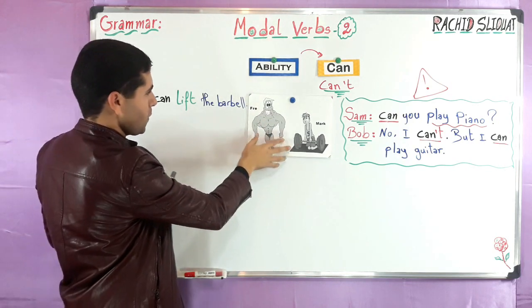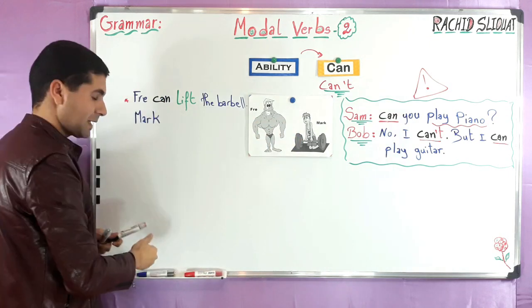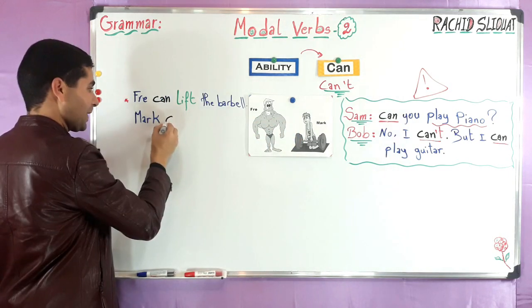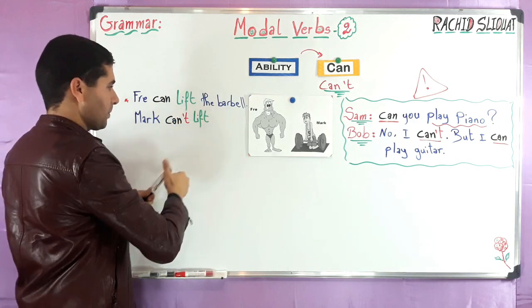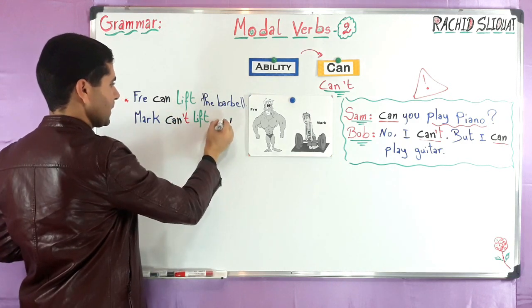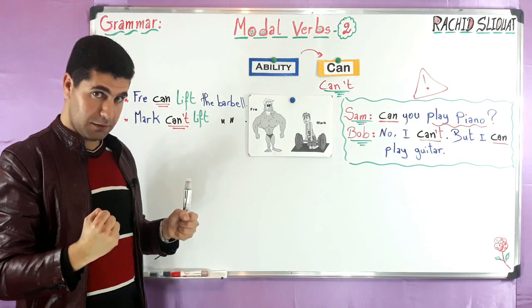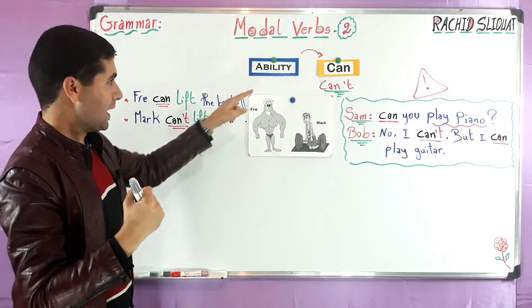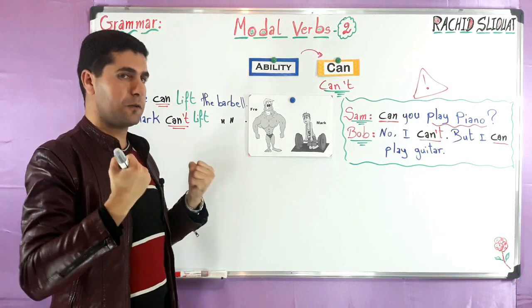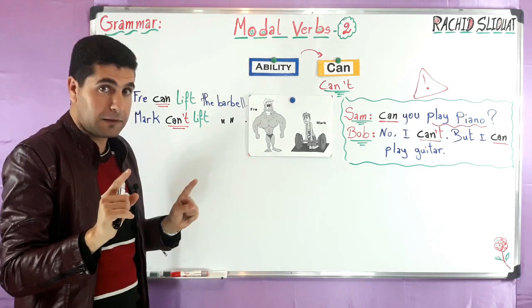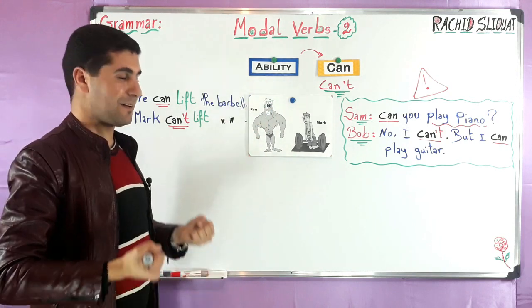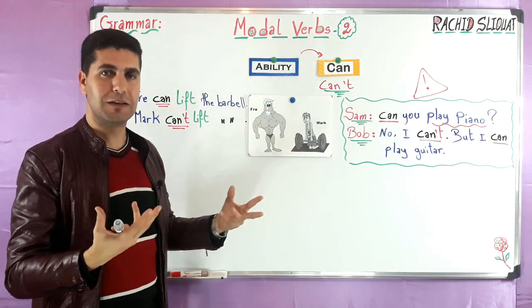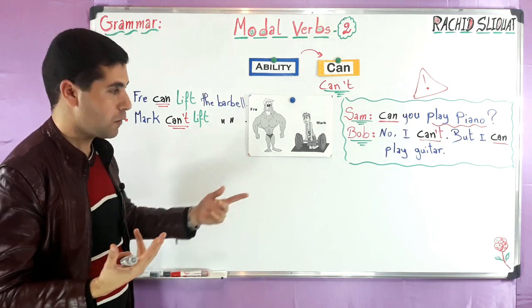So Mark, very simply, can't lift the barbell. Free can, because he is strong. He has the ability. But Mark can't because he is weak, so he doesn't have the ability to lift this barbell or this weight. We can also call it weight, okay?